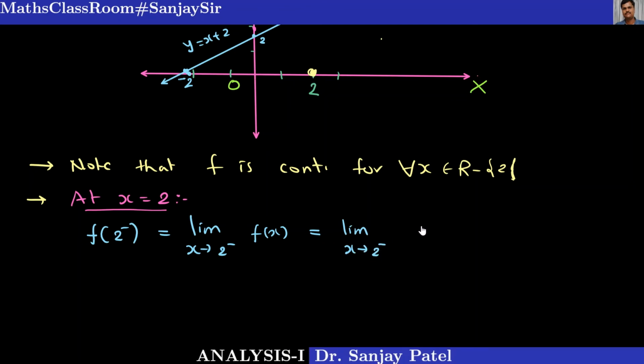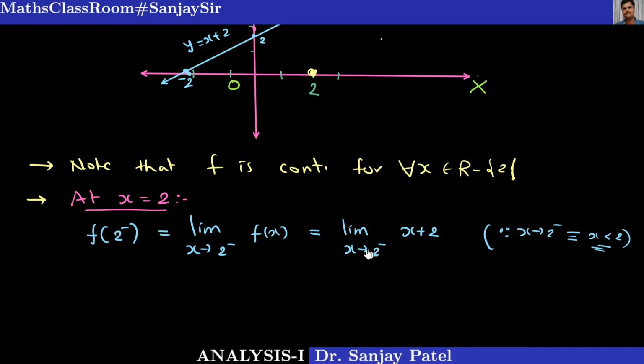And for the left hand side, the function formula is x plus 2. I must write here x plus 2, because x tends to 2 minus means x is less than 2. X is going near to 2, but x remains less than 2.